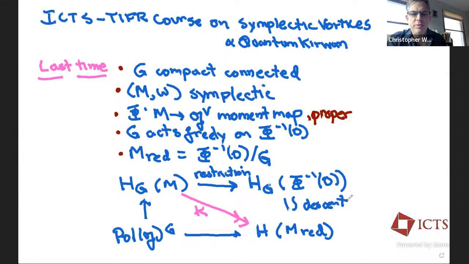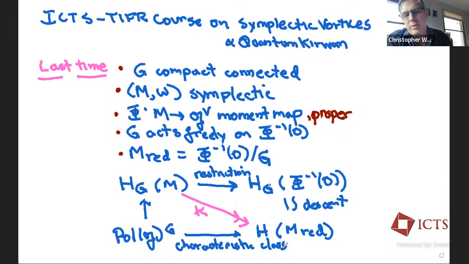And there's also this inclusion of invariant polynomials on G into the equivariant cohomology. So there's a natural map from invariant polynomials, which is the characteristic class map. You have this bundle over the symplectic quotient, which is the zero level set.